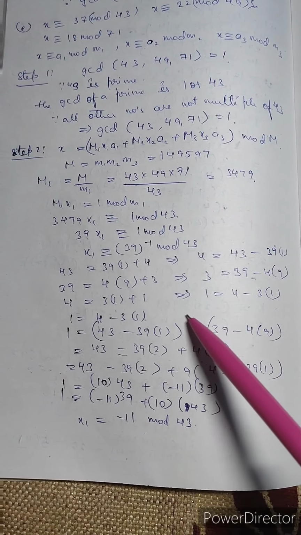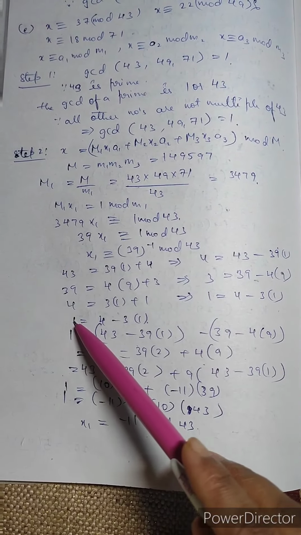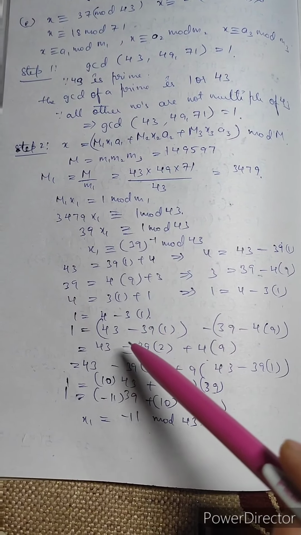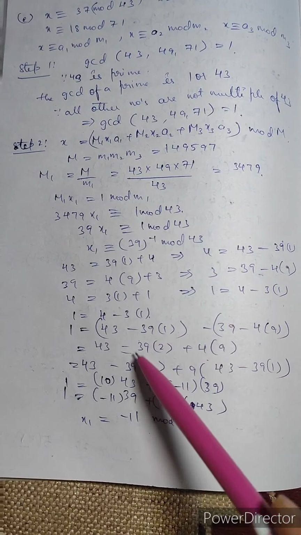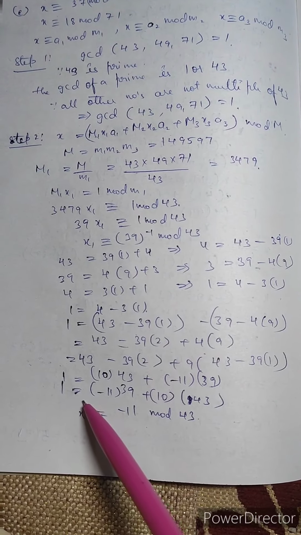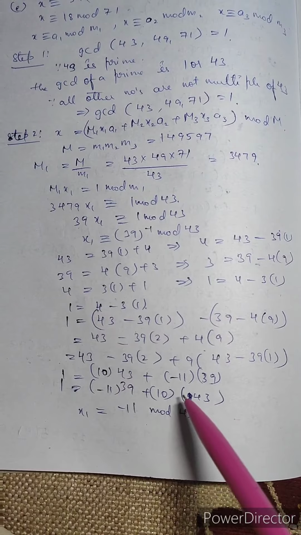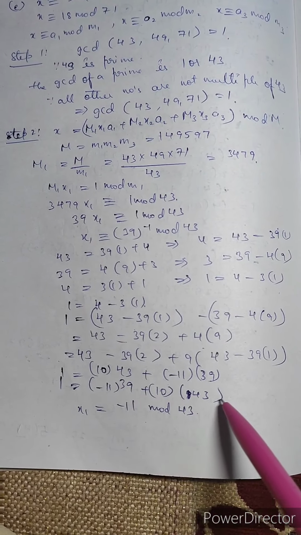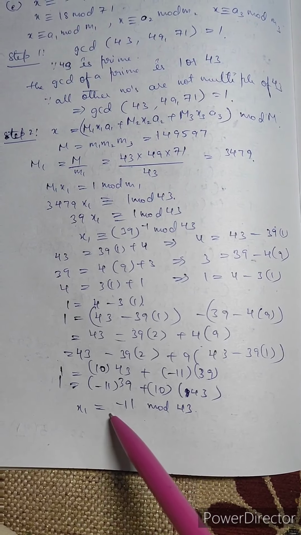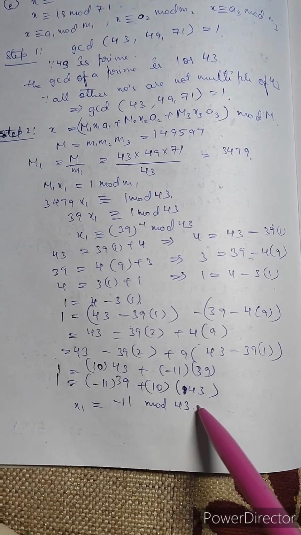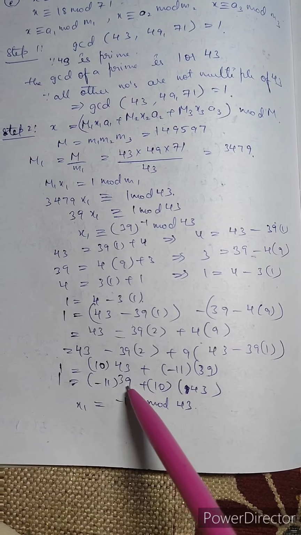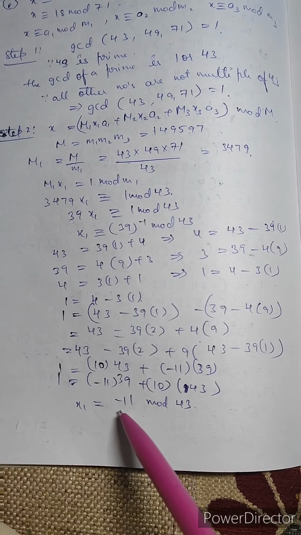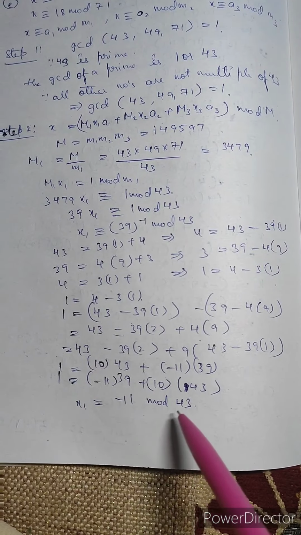Now just substitute the values of 3 and 4 in order to get something in the form of au plus bv, where minus 11 into 39 plus 10 into 43. So x1 is congruent to minus 11 modulo 43. Here as you can see the coefficient of 39 is minus 11. So this minus 11 is going to be the inverse of 39 modulo 43.